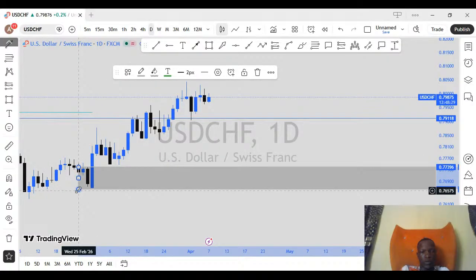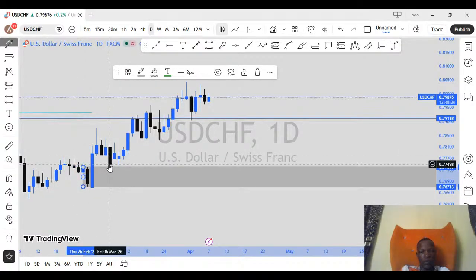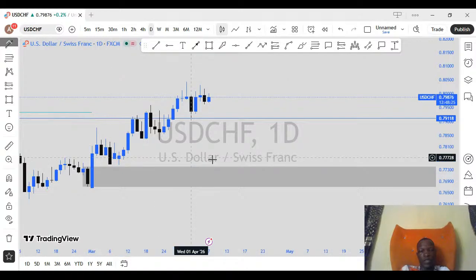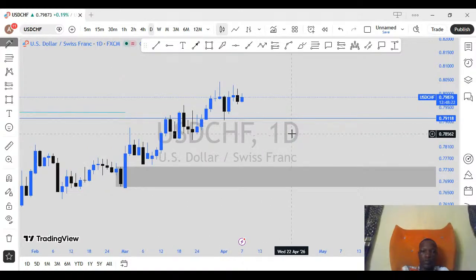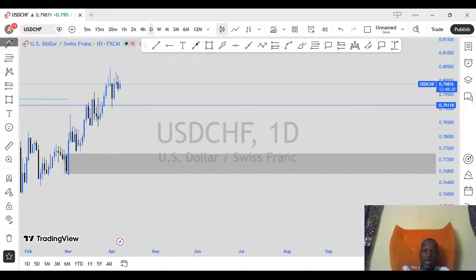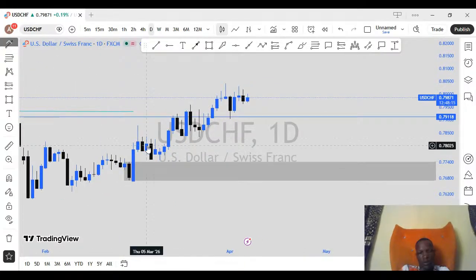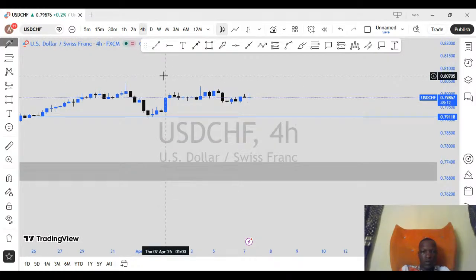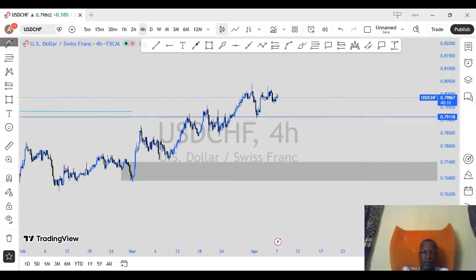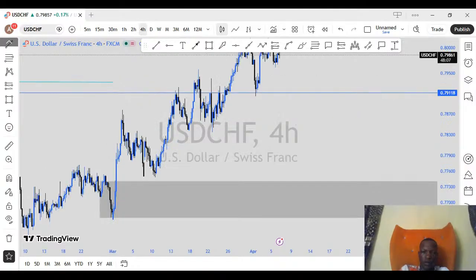We still have the zone, and this will be our inducement that the market will use to induce some people that are selling to buy. Yes, I want to buy from this whole level. Let's see 4 hours. On this 4 hour time frame, we expect the market to come back to this low also and then buy.